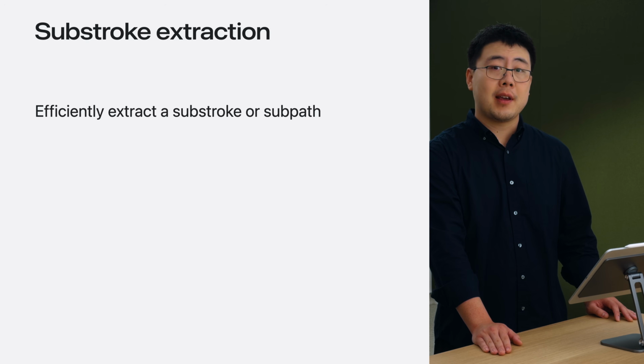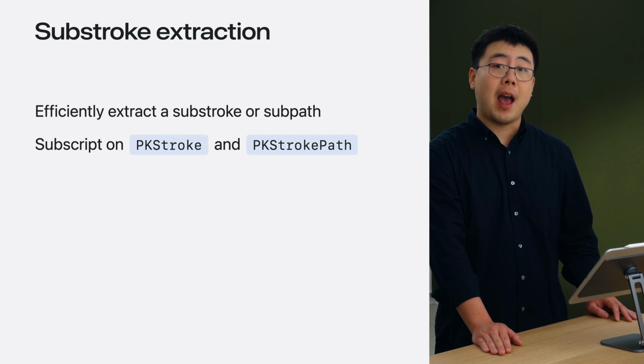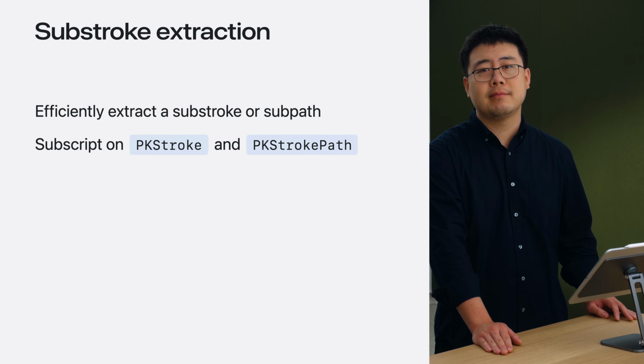Where erasing visually cut strokes, substroke extraction lets you efficiently obtain a section as a new stroke or path. Starting in iOS 27, both PK stroke and PK stroke paths support subscript access with parametric ranges anywhere along the path.